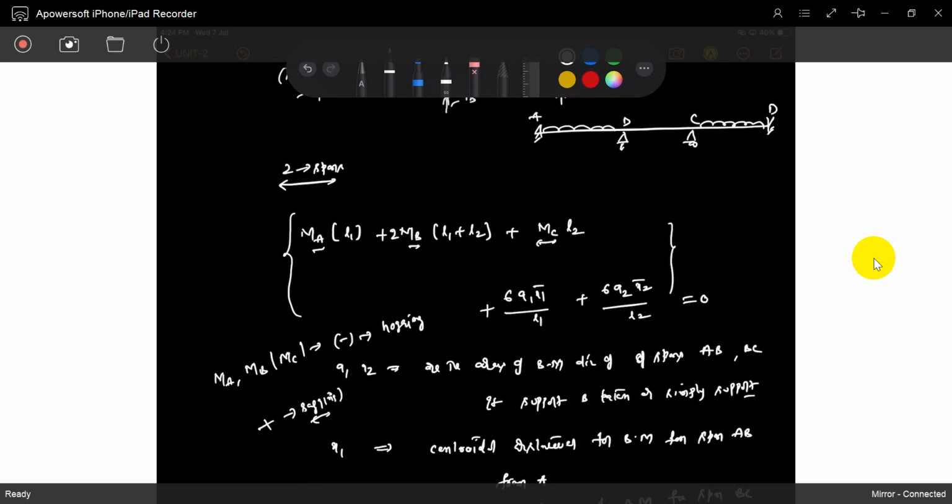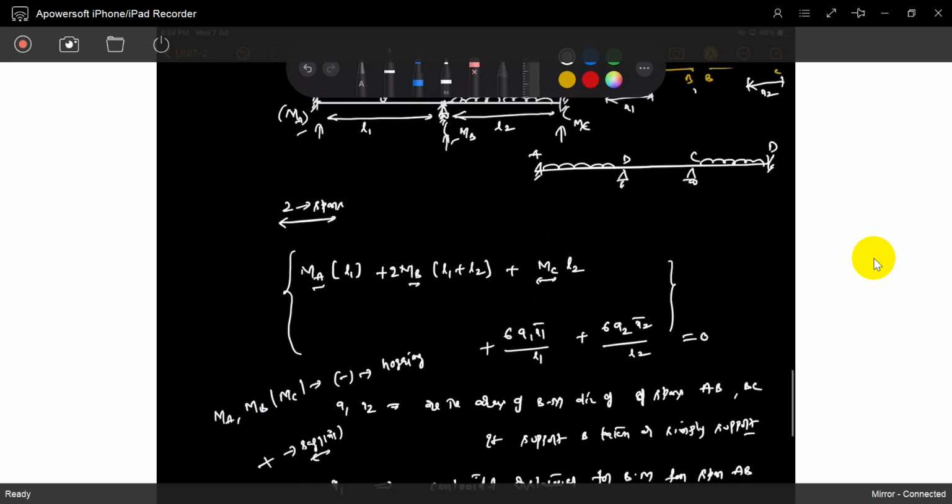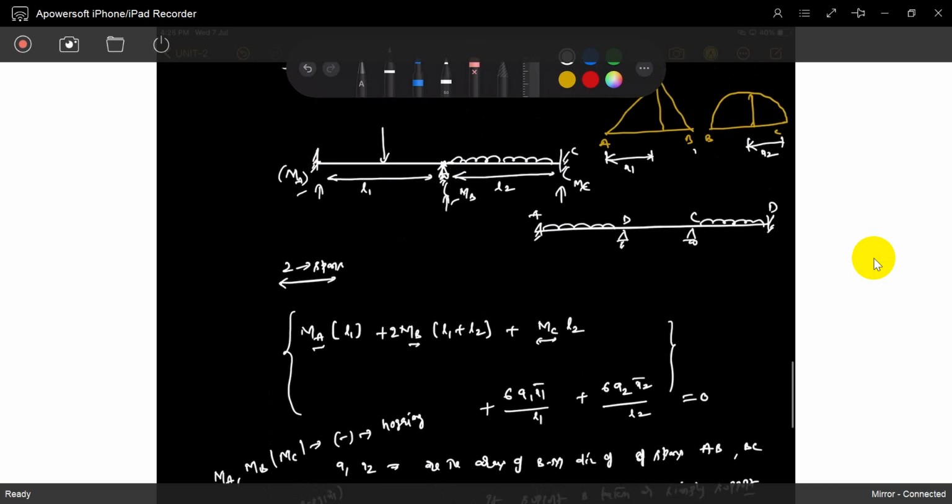Anyway, sir, okay, this is the equation. No need of proof, because it has some calculations. So how will we solve a problem? If you see, MA, MB and MC are three unknowns, but the equation is only one. How can we solve it?